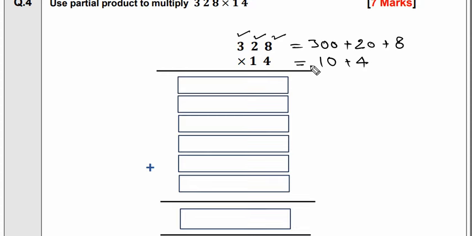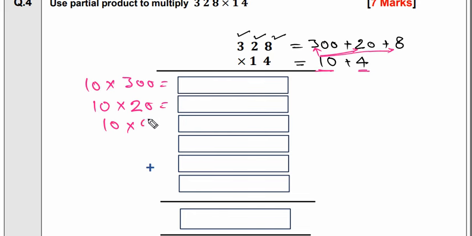Now what you will do here is, first you will multiply this number with this, this, and this, and then you will do the same for this number. Okay, so let's do this first. 10 times 300. Pause the video and see if you can write the remaining. Next, with 4, same thing.